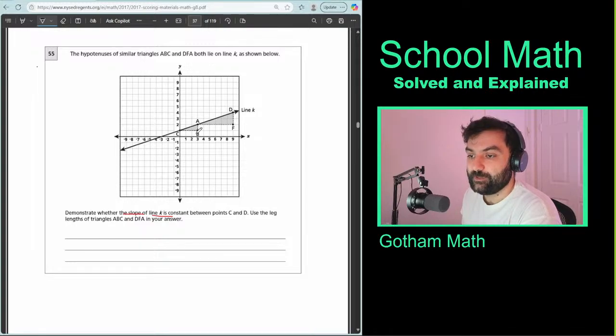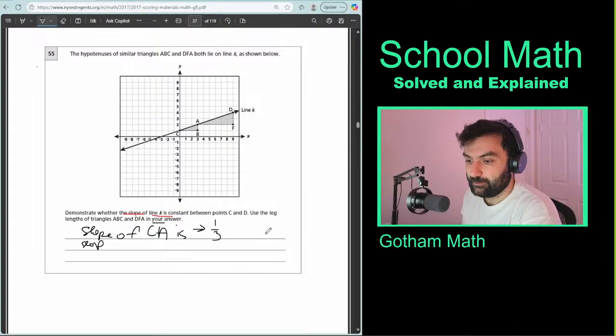It's going to be rise over run. Interestingly enough, they go on the bottom rather than on the top, but it's still rise over run. So it's going to be 1 and 3, so 1 over 3.